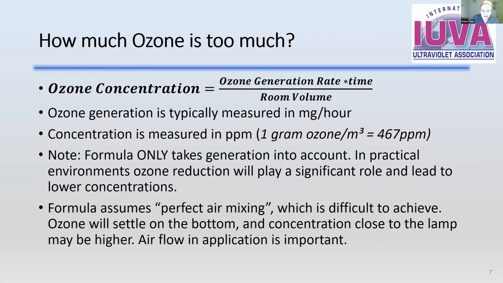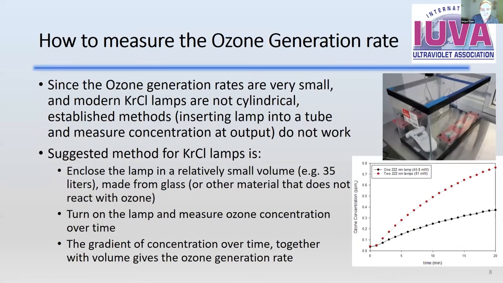In practical environments, you will have ozone destruction and other effects. So when you calculate ozone concentrations with this formula, you can expect that in practical measurements, it will always be less. And of course, the formula assumes that the air is perfectly mixed, which may not be true. Nonetheless, it is a good way to at least make some estimates for the expected concentration in rooms.